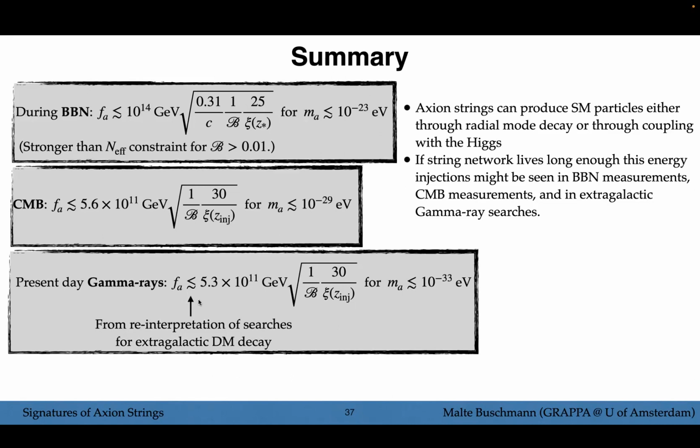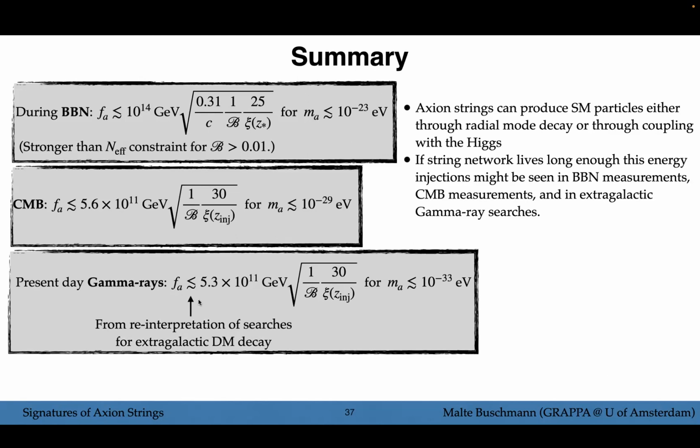Your string can emit particles, so I imagine there's a kind of friction term in the classical equation of motion. I want to check whether it's correct or not. In our simulation, we just solve the classical field equations, and we compute the emission rate just as the slope of the energy density. So it's all done completely in the classical field view. Okay, thanks.